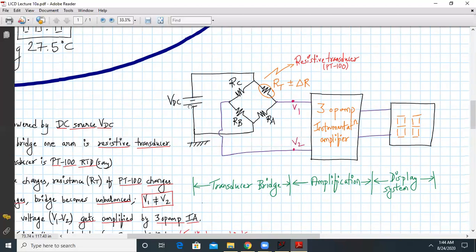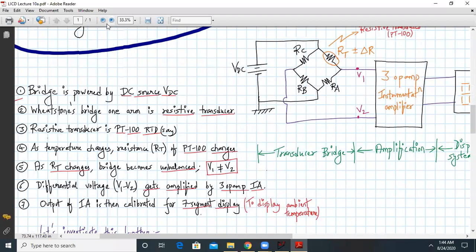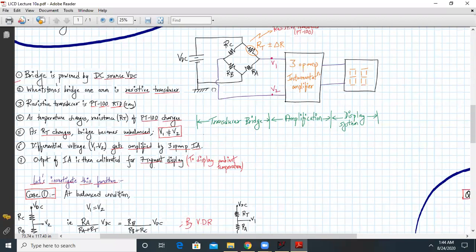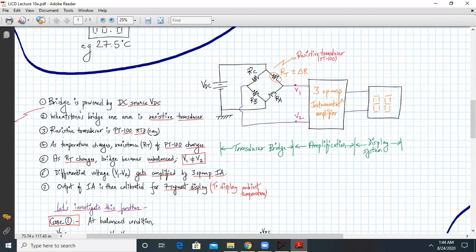Okay, so let us see the description of this now. So this bridge is powered by your DC voltage source, and in the Wheatstone's bridge, in one arm you have a resistive transducer. Basically, it is a PT100. So as the temperature changes, the resistance will change.